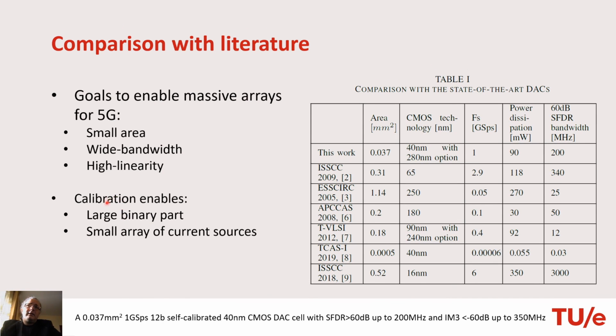And so this is one. And the second thing is that the calibration allows us to design very small transistors, arrays of current sources, which will feature unavoidably large intrinsic matching errors, and the calibration will improve these. And this leads us to this very small area.